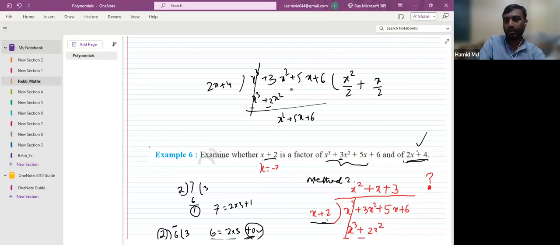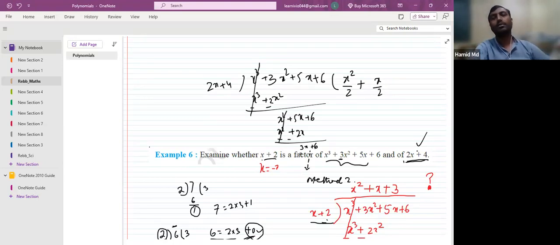So it will be x into x square by 2, plus here 4 into x by 2, it will be 2x. Again, we will subtract it. It is 3x plus 6. We have to do it more, so I am leaving it for your practice, and you will find that you will get remainder 0.